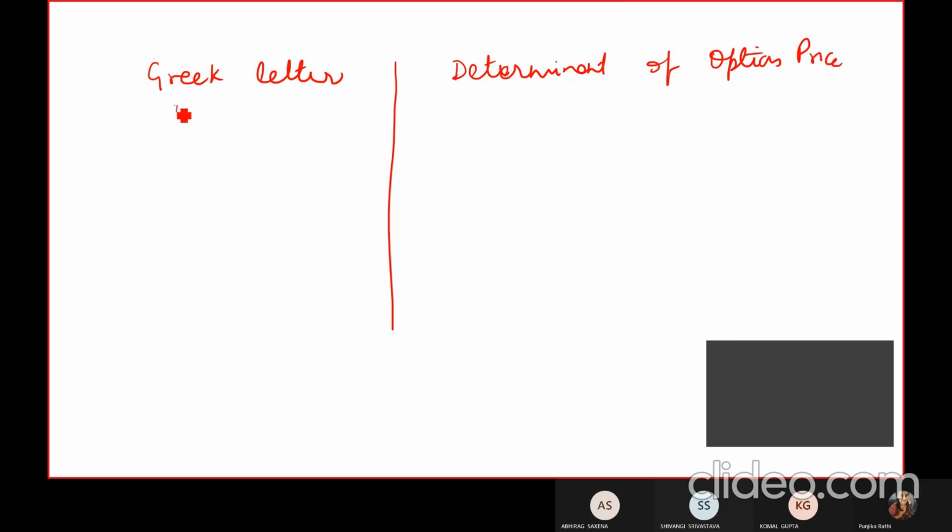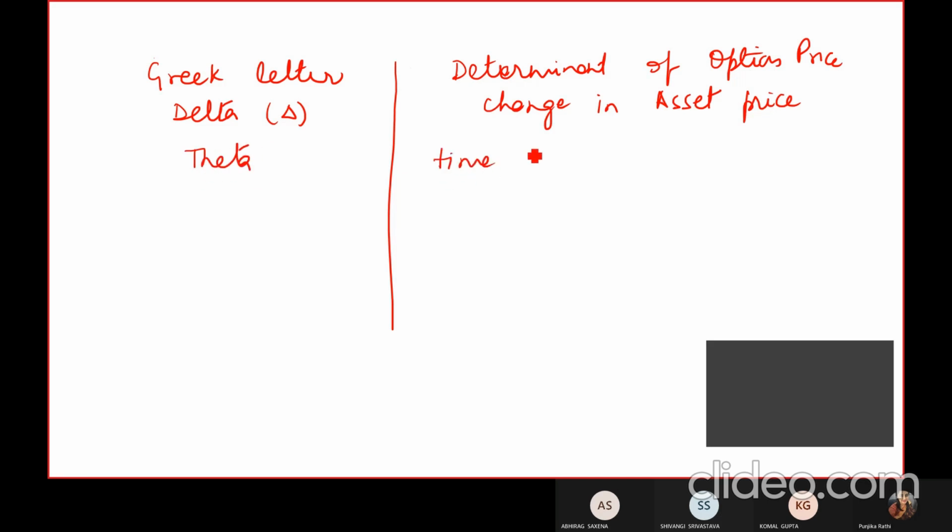So we have a Greek letter delta, and delta defines how much the change in asset price and what is the change in the option value. Theta is for time left for maturity. What is the time left for maturity?